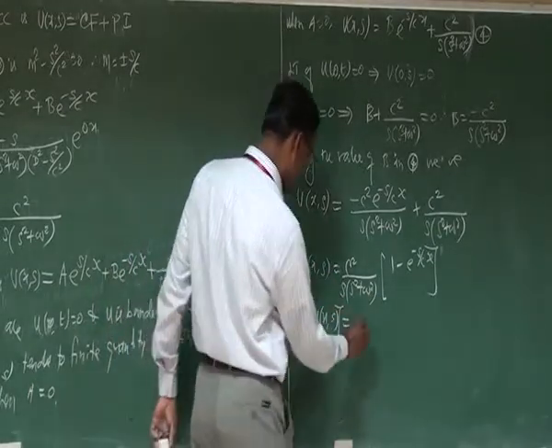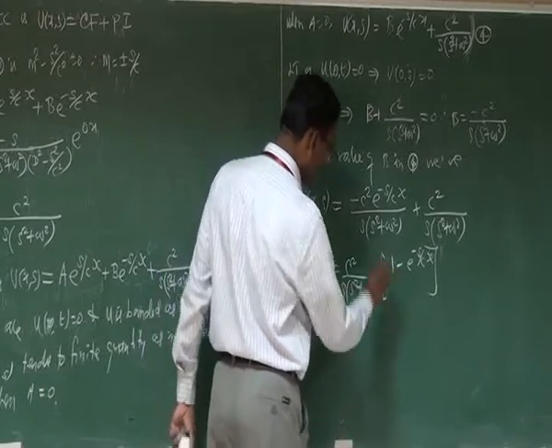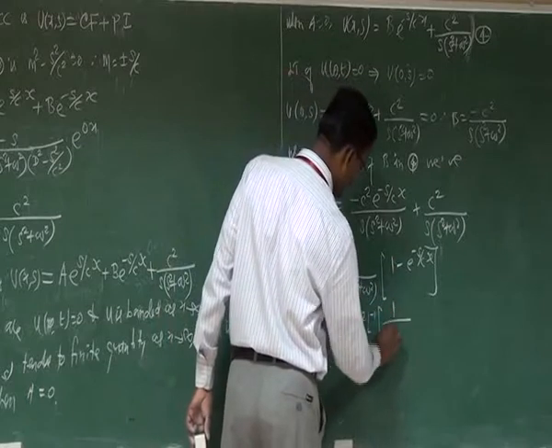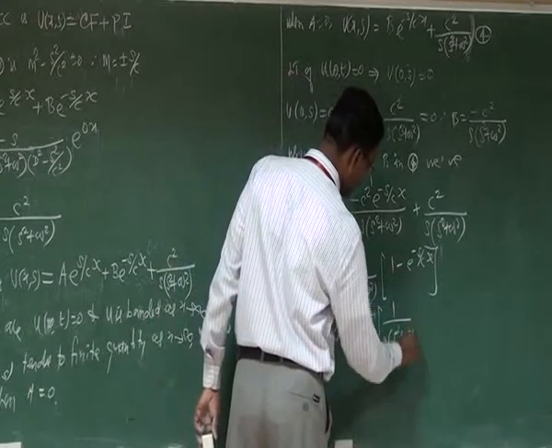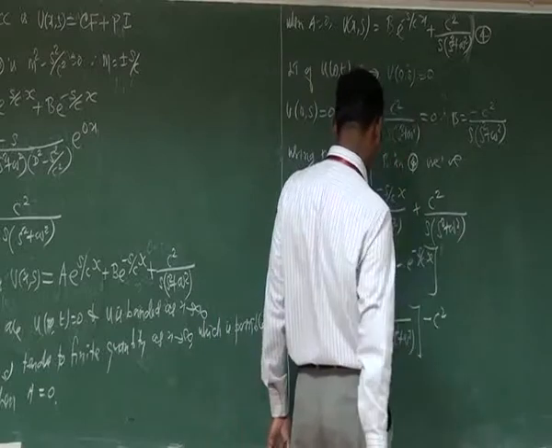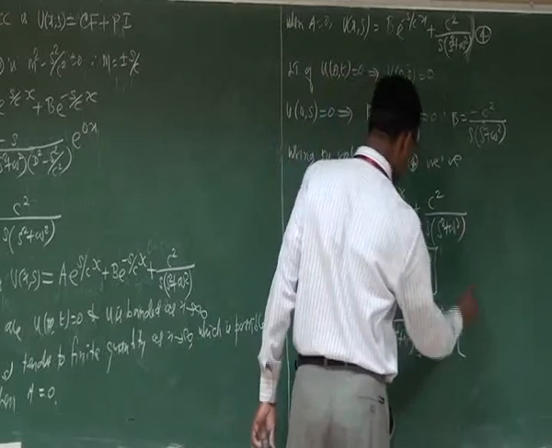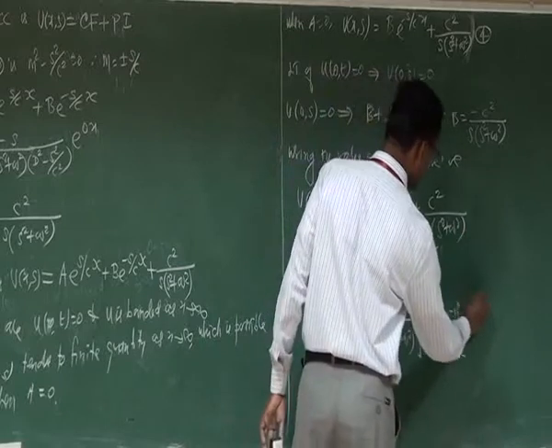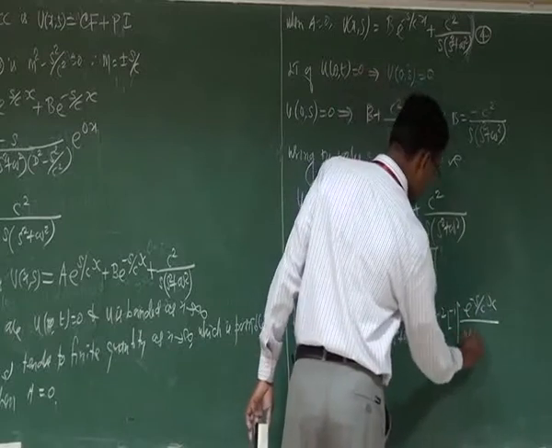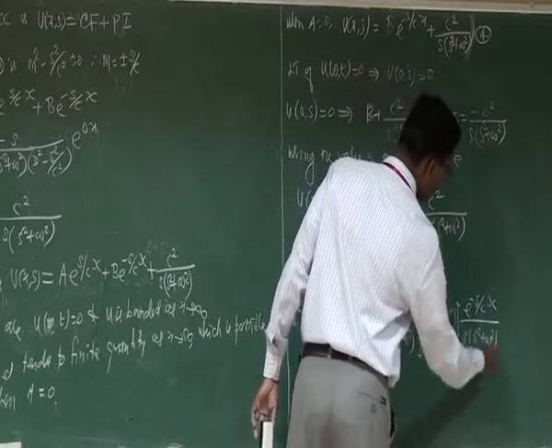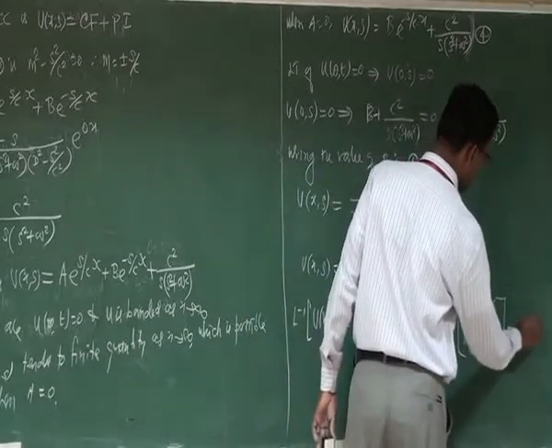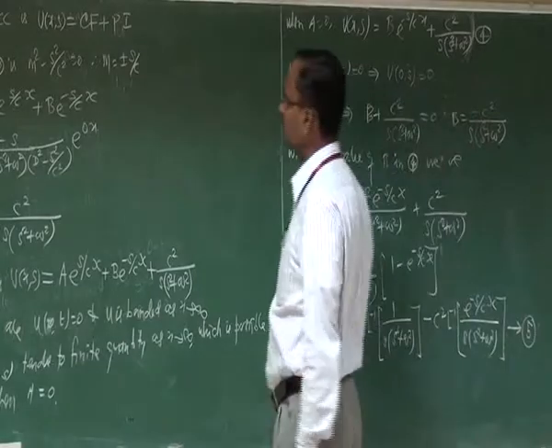So it is equal to, here c square is a constant, c square times L inverse of 1 by s into s square plus omega square, minus c square times the inverse Laplace transform of e power minus s by c into x by s into s square plus omega square. We take it as equation number 5.